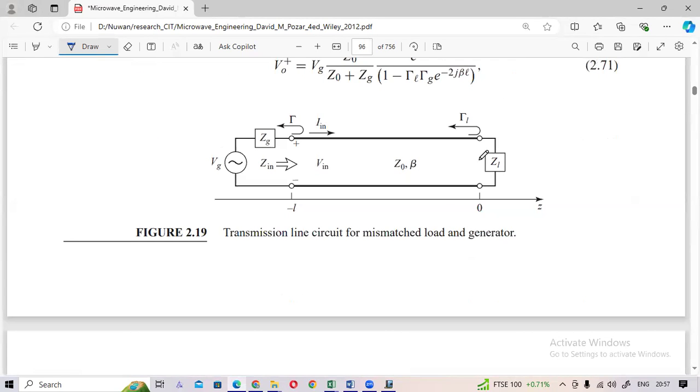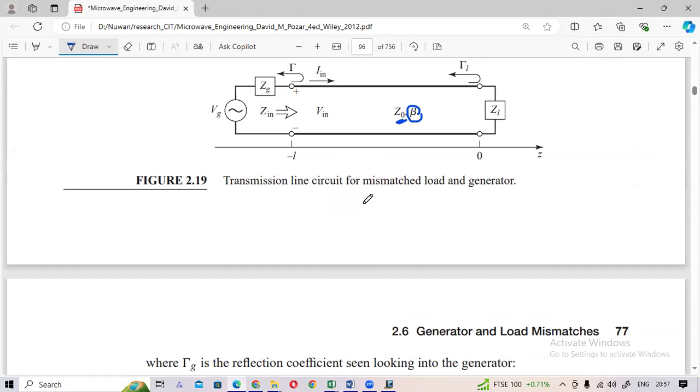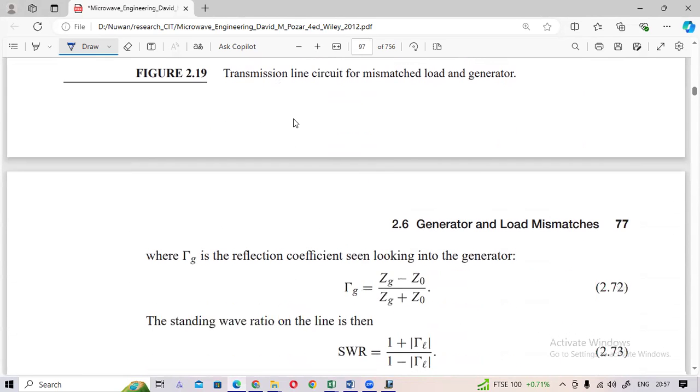This is the load impedance, and this is Z naught, the transmission line, and beta is also related with the transmission line. And here the transmission line length, that is L. So that is also given.